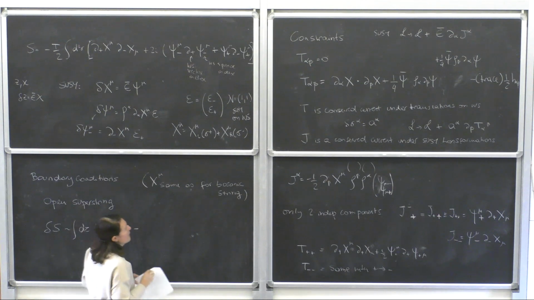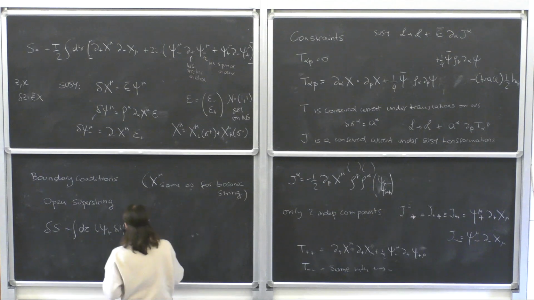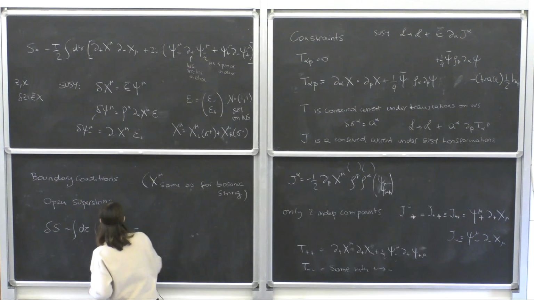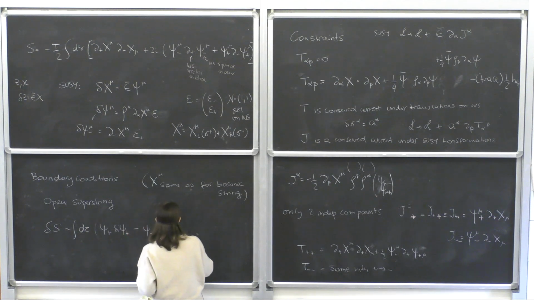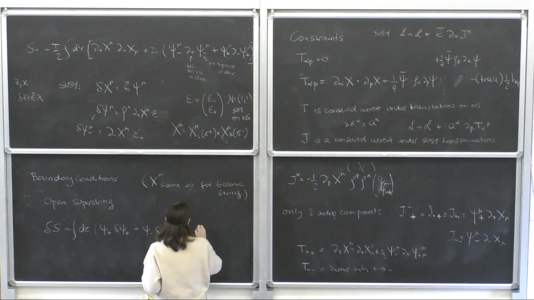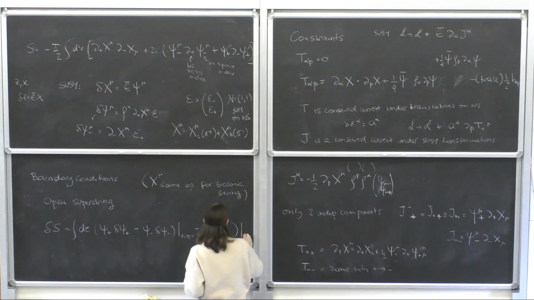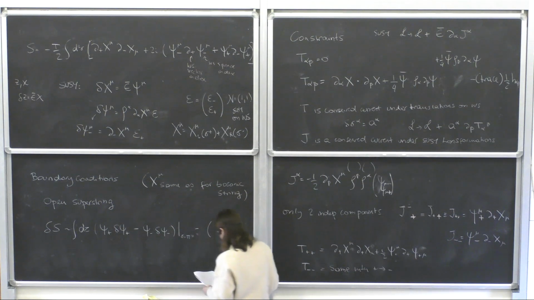And then, I didn't say it, but these are anti-commuting. Okay, I'll write it. So this at sigma equals pi minus the same thing at sigma equals 0, the two boundaries.